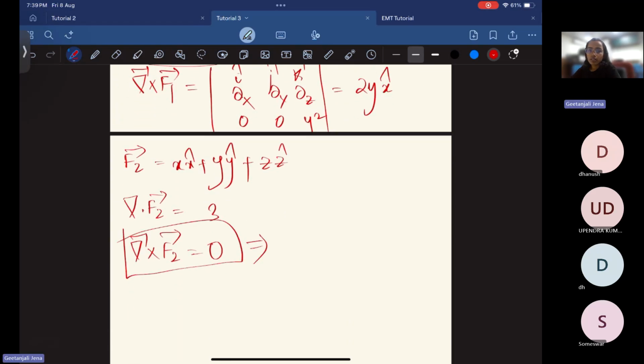And we know that the curl of gradient is 0. So that means F2 you can write as gradient of some scalar, let us say V.